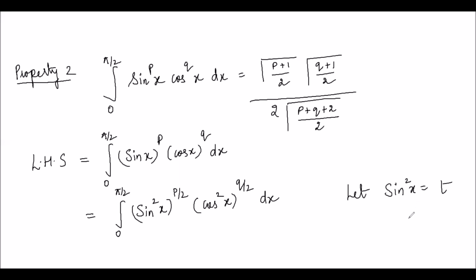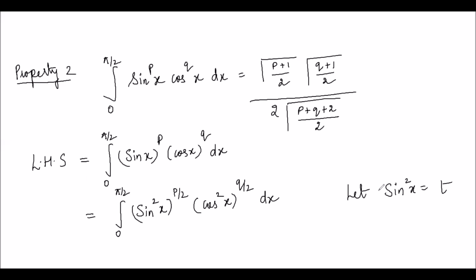Once you use the substitution, the limits will become the same as we have in the definition of beta function. Try to write the integrand in terms of some powers of t and some powers of 1 minus t, and just identify those powers. What is the power of t and what is the power of 1 minus t?